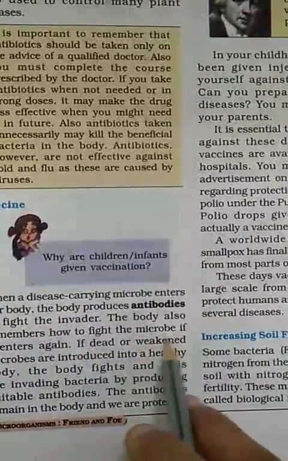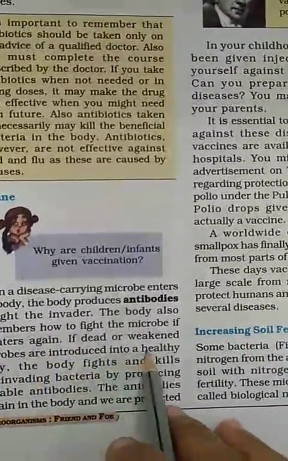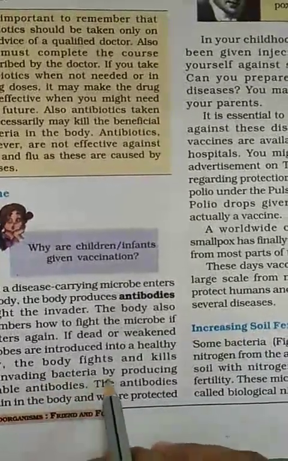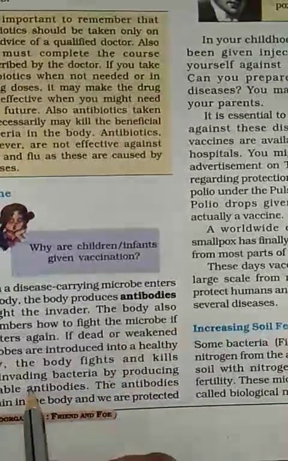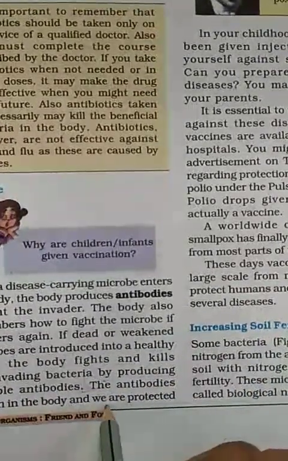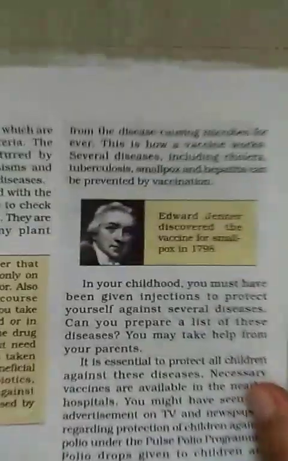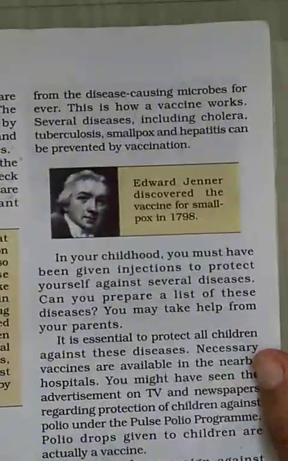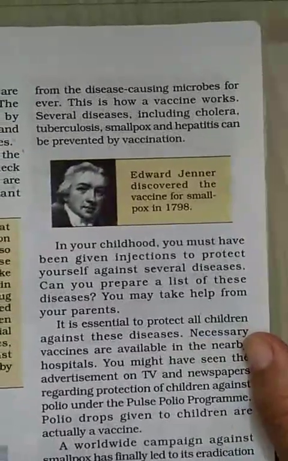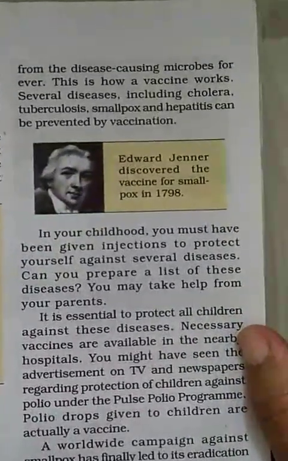If dead or weakened microbes are introduced into a healthy body, the body fights and kills the invading bacteria by producing suitable antibodies. The antibodies remain in the body and protect it from the disease-causing microbes. This is how a vaccine works.